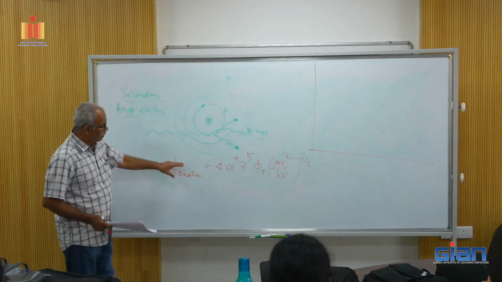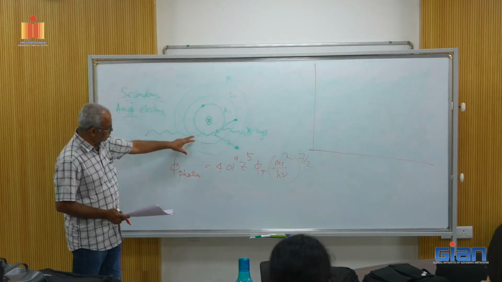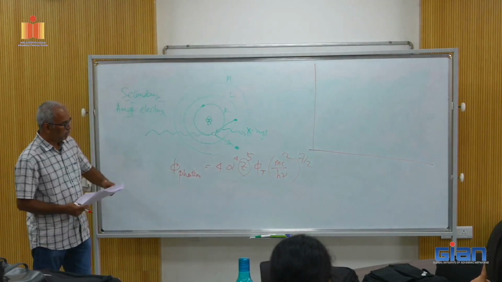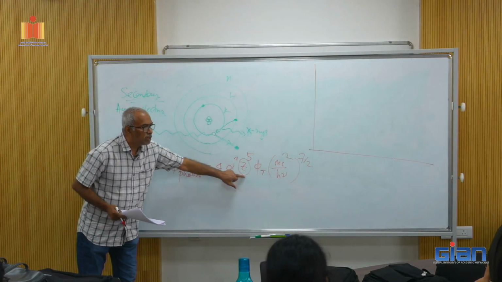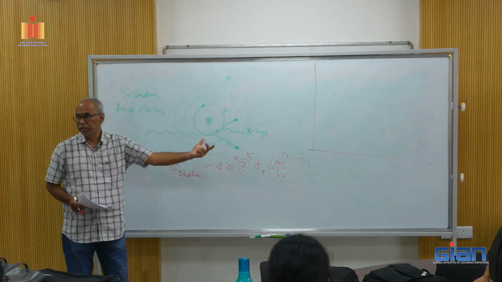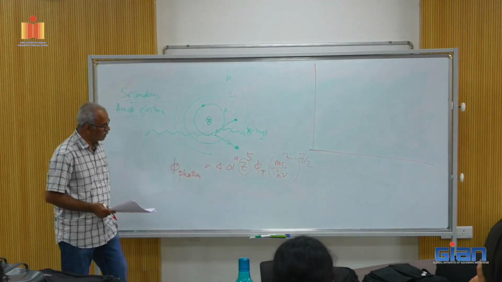Let me explain. This is the cross section of a photon interacting with some medium, where the medium has atomic number z. Whatever the z value, you can consider any element that you like. The corresponding z will be there, and z to the power 5 will appear.